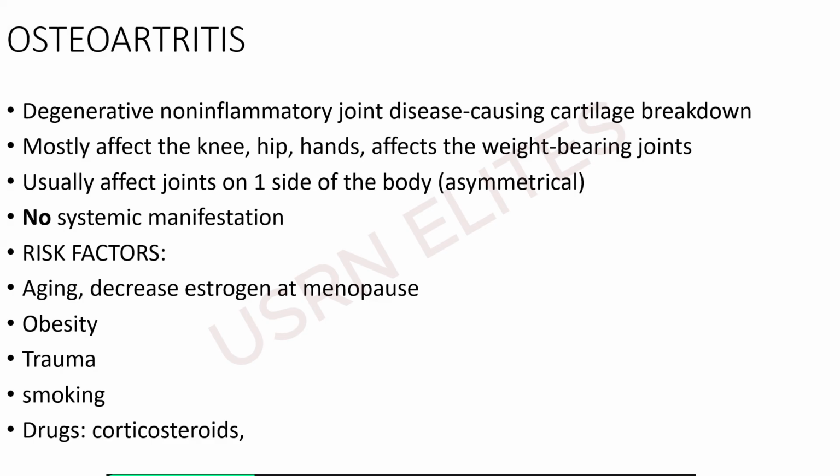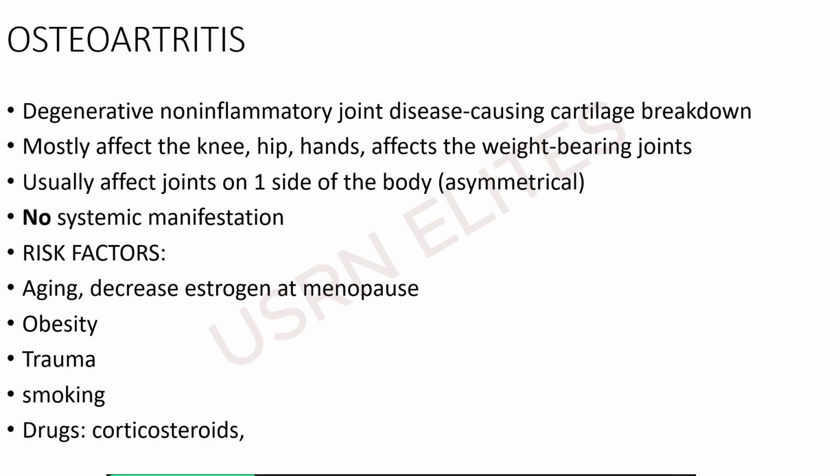Our hip, where we put much weight. Knees, when you are walking, we bear much weight on the knees, and the hands as well. All right, so that is what you should know. And it easily affects joints on what? One side of the body. I told you this one is asymmetrical.